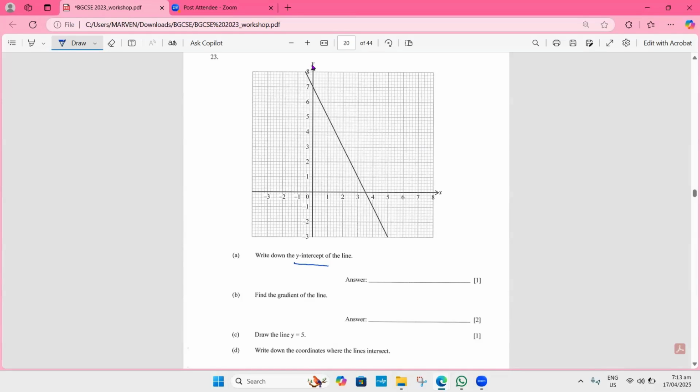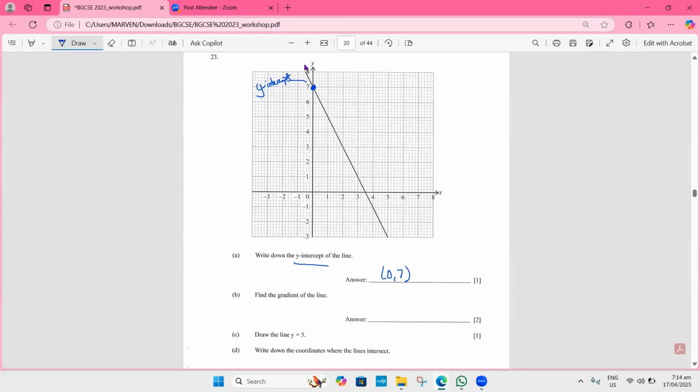Locate the point where the y-axis and the graph intersect, and we can see that at this point we have the intersection. So that is your y-intercept. When you write the y-intercept, it should be in coordinates. So the coordinates of that point is 0, 7.